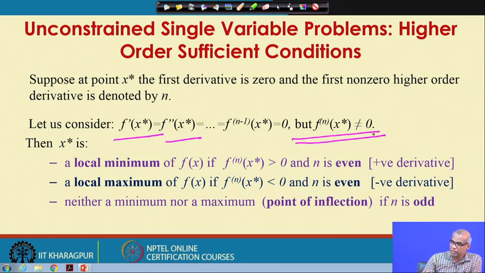If n is even, then the point x star is either a local minimum or local maximum. If the derivative is positive, it is a local minimum. If the derivative is negative, it is a local maximum. But if n is odd, then the point is neither minimum nor maximum, it is a point of inflection.